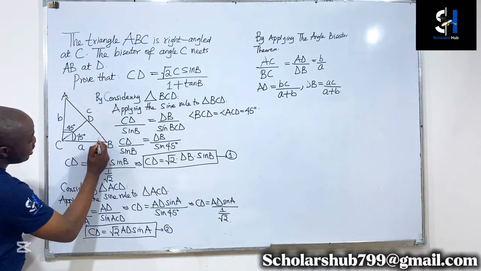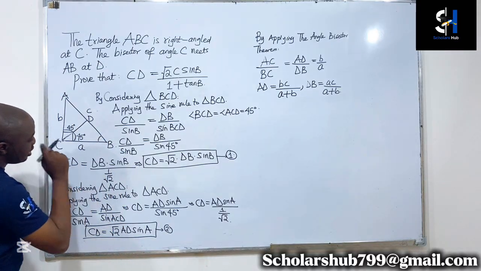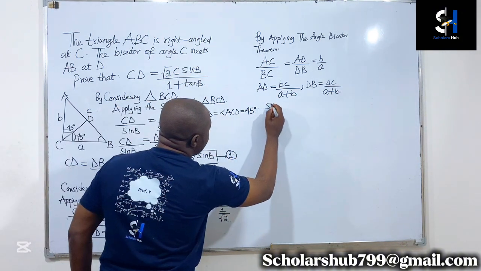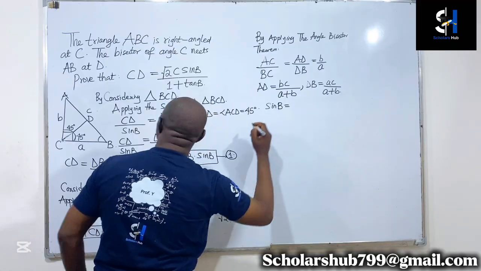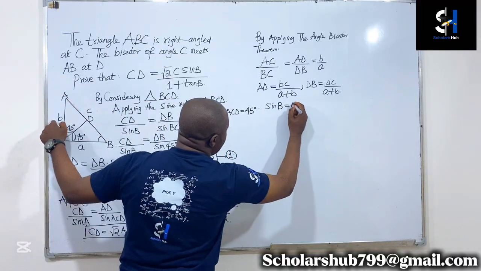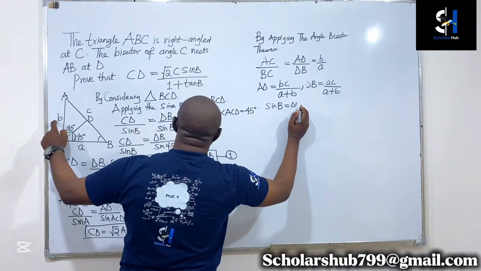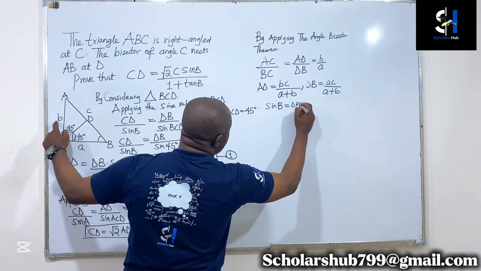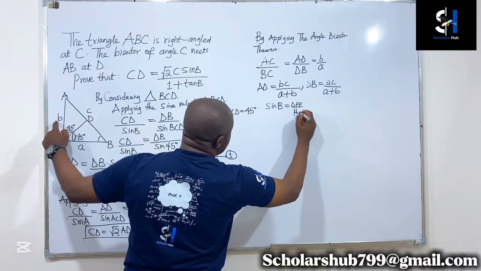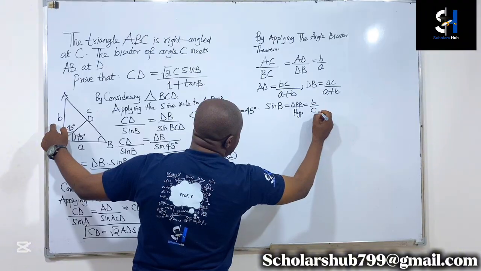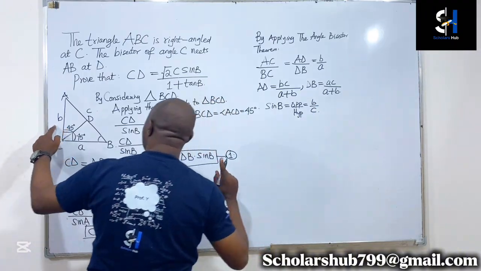We have again here that if we consider that an angle is given at B, the sine of the angle at B will be opposite over hypotenuse. The opposite will be B, while the hypotenuse will be C. Let's take note of that.